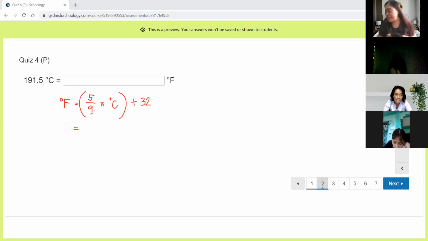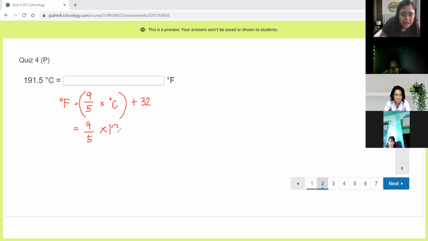Is that 5/9 or 9/5? Can you check? You haven't memorized it yet. So, 9/5, ma'am. It's the reverse for Fahrenheit. Most of the time, I actually use the 1.8 here. Anyway, that's 1.8, which is 9/5, times the 191.5 plus 32.